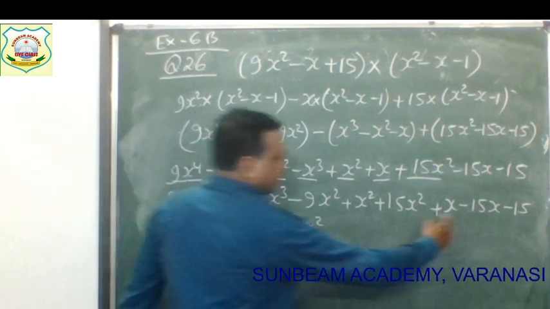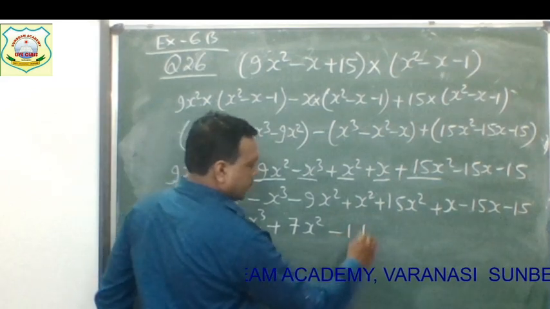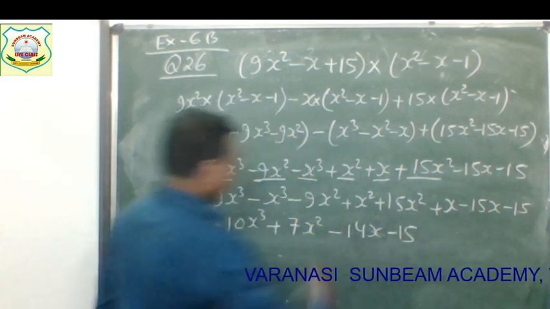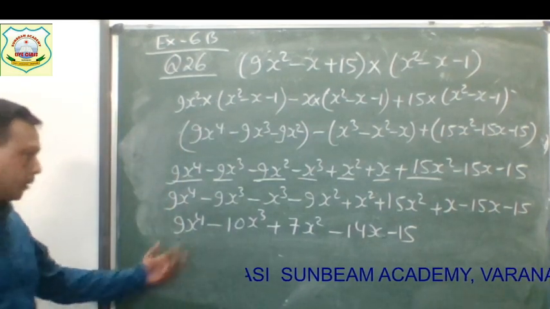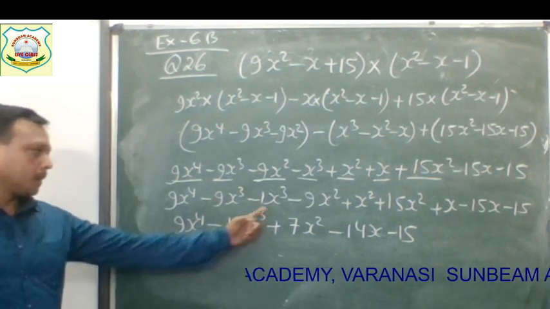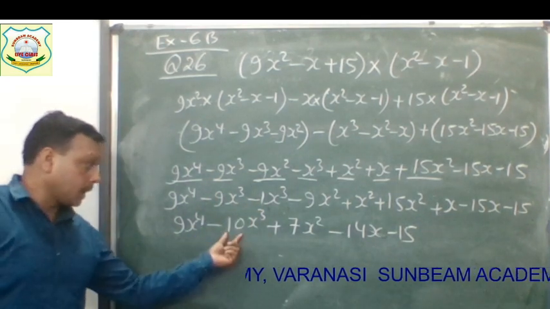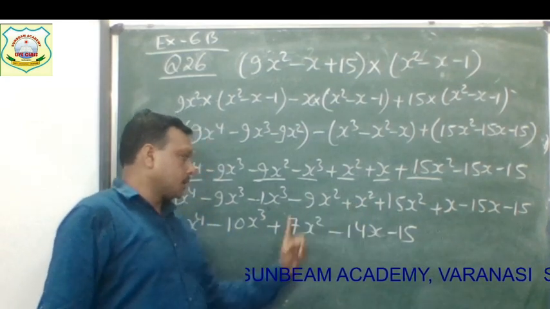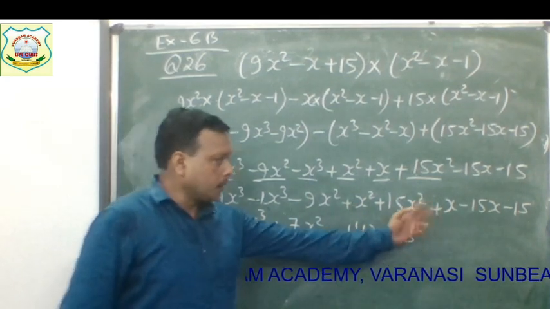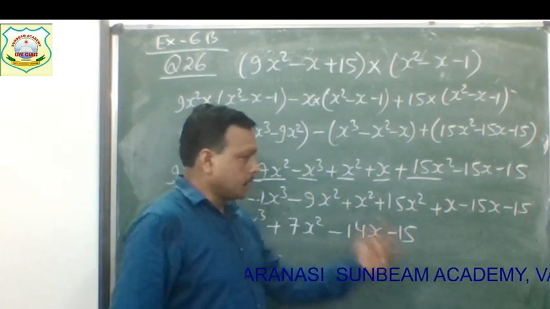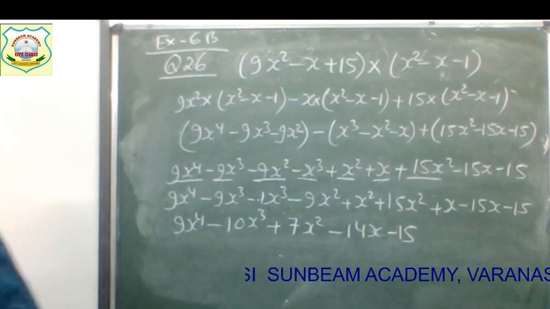Plus x minus 15x, minus 14x, minus 15. 9x power 4, adjusting we will write minus 9x cube and minus 1x cube, minus plus 9 and 1, that is 10x cube. 15 and 1, 16, 16 minus 9, 7, plus sign, and x minus 15x, minus 14x, and minus 15. Write it down, students.